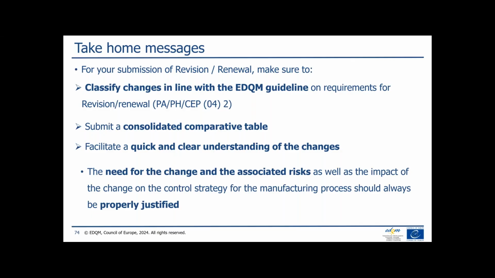And also this request has to be supported with appropriate and developed justification according to our guideline for revisions and also according to the other guidelines such as EMA or ICH guidelines as applicable.